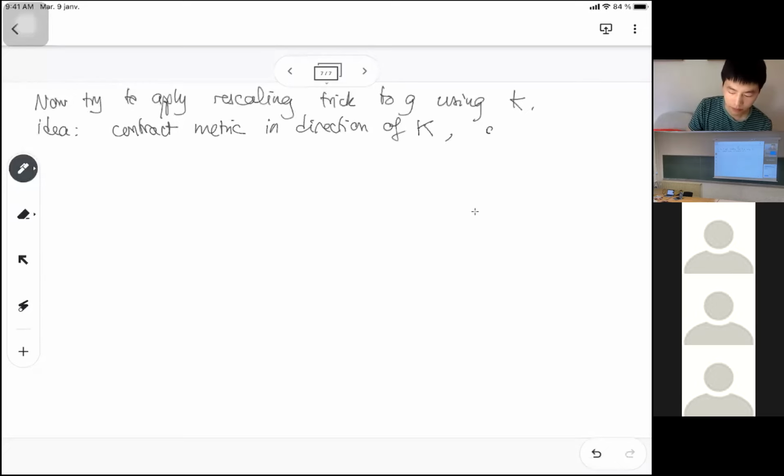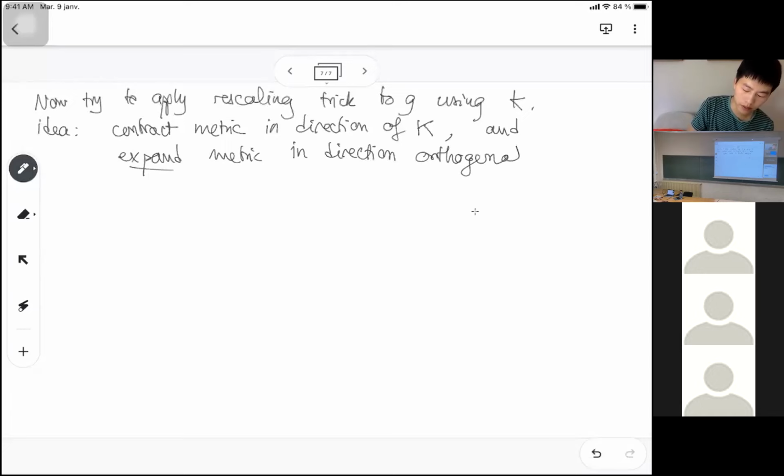And what's important here is that you need to expand the metric in the direction that is orthogonal to the slices, to E theta, to compensate the fact that K is not a killing field.